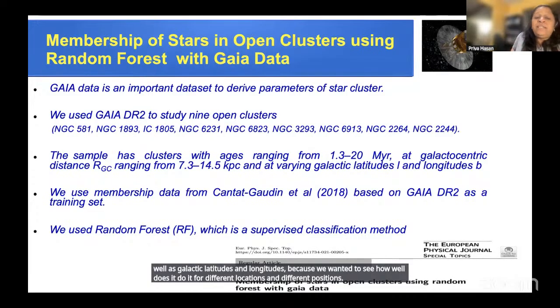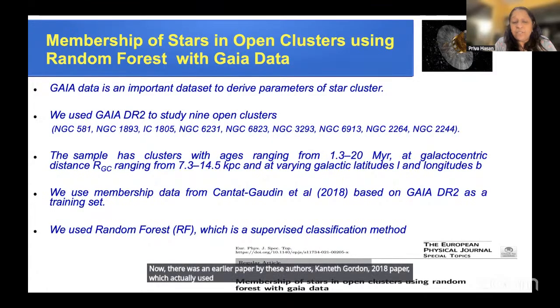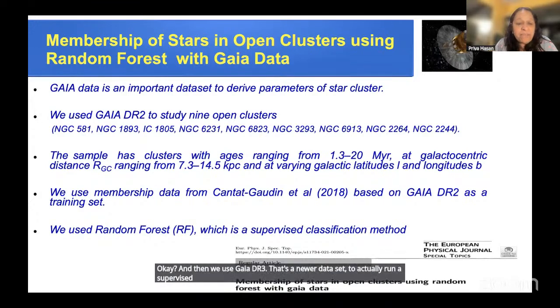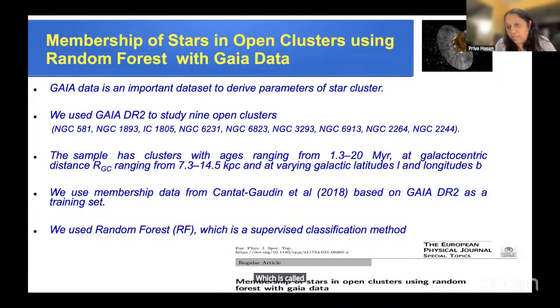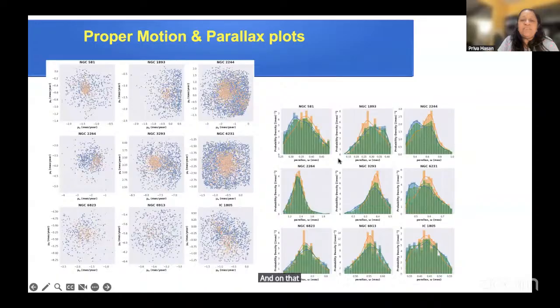Now, there was an earlier paper by these authors, Cantat-Gaudin, 2018, which used Gaia DR2 to identify members in these clusters. So these were the ones we used as our training set, okay? And then we used Gaia DR3, a newer data set, to run a supervised classification method called random forest. I won't go into details of random forest, but you can read about it on the net. And on that, we got very good results.